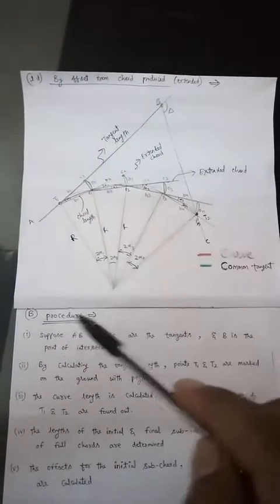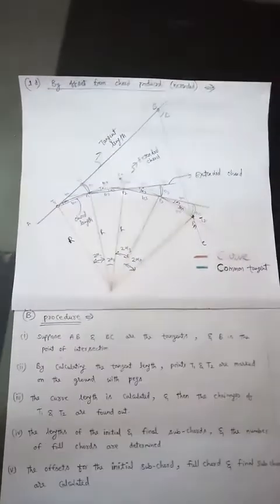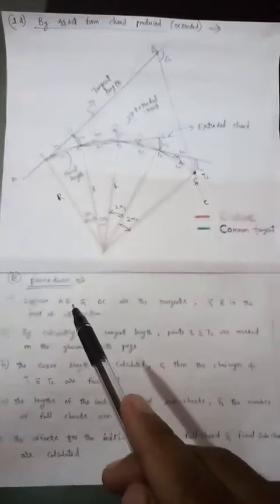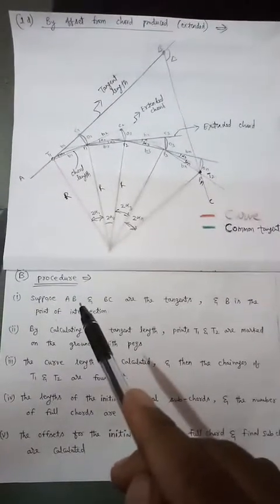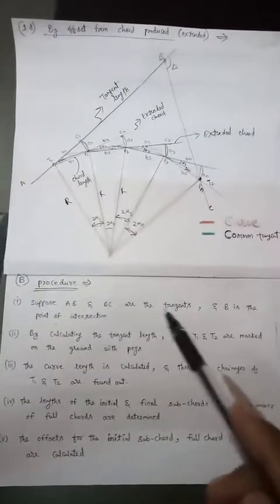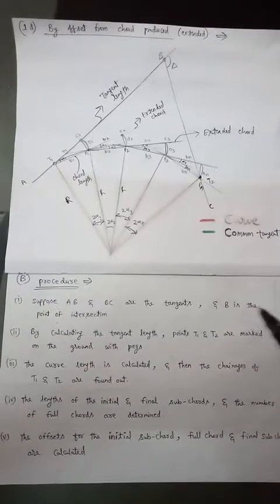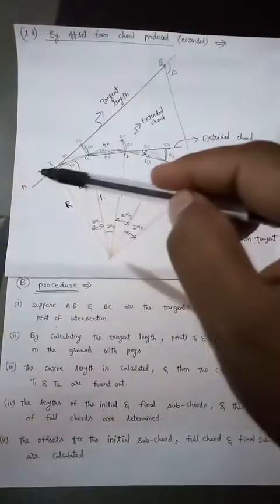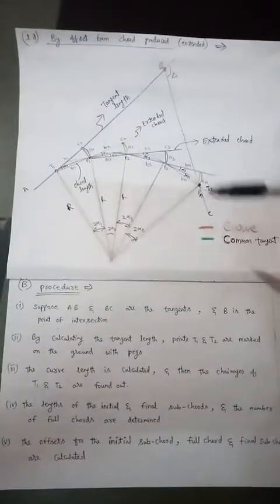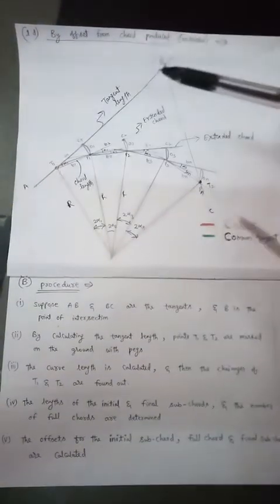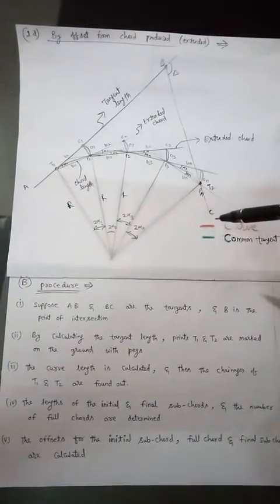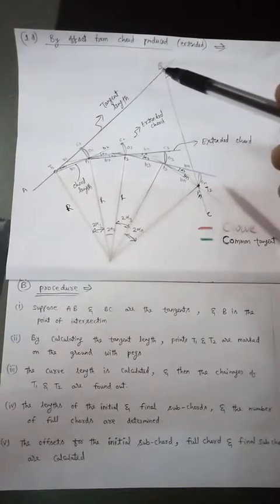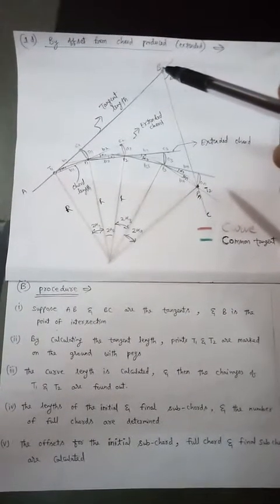First of all we will learn the procedure here. Suppose AB and BC are two tangents and B is the point of intersection. AB is the backward tangent, BC is the forward tangent, intersecting at point B, that is the point of intersection.